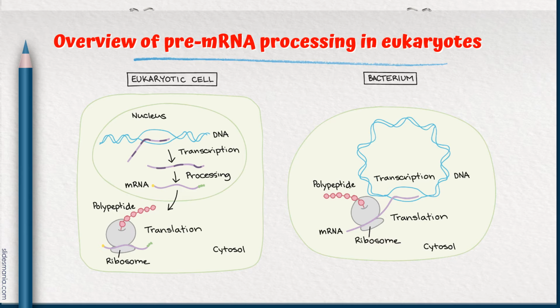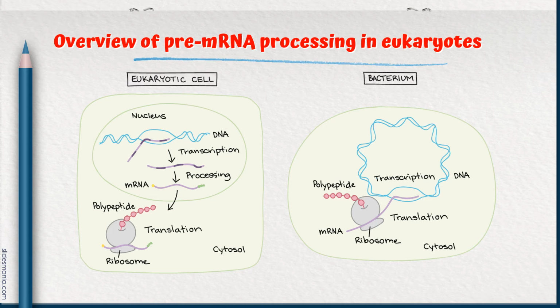This transcript must undergo processing while it is still in the nucleus in order to become a mature mRNA. The mature mRNA is exported from the nucleus to the cytosol, where it is translated at a ribosome to make a polypeptide.